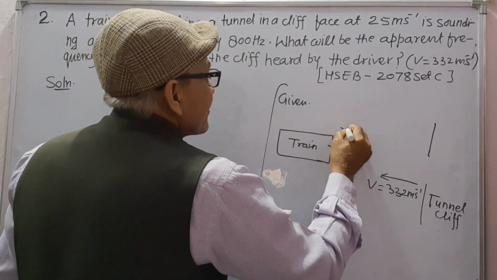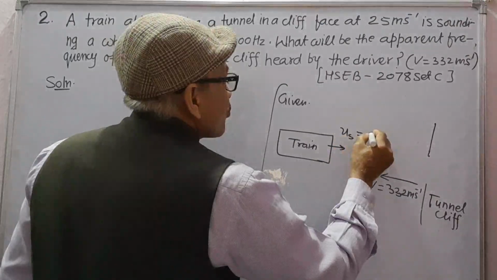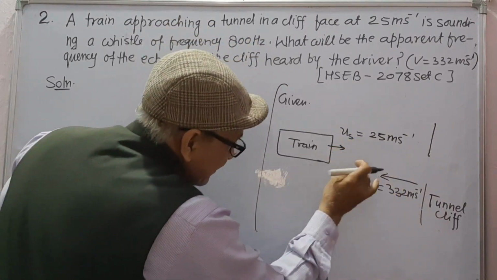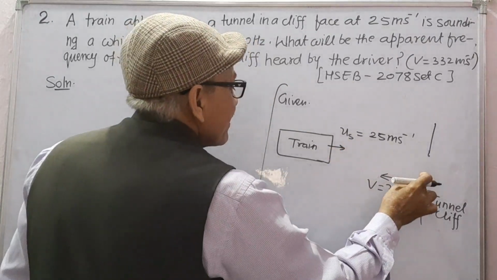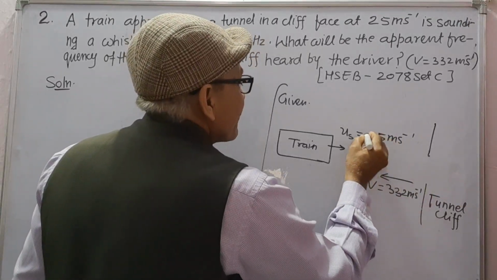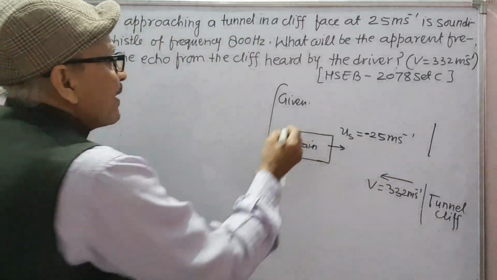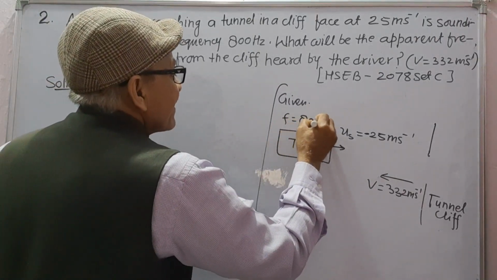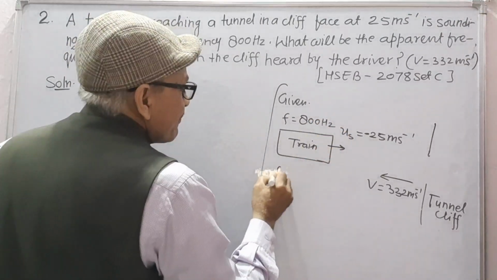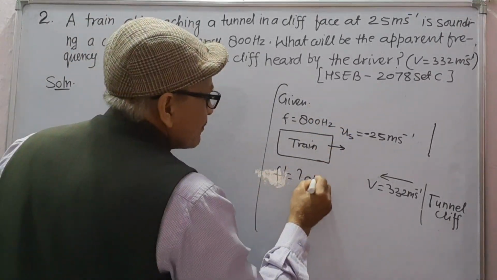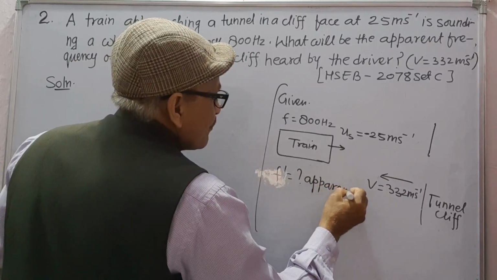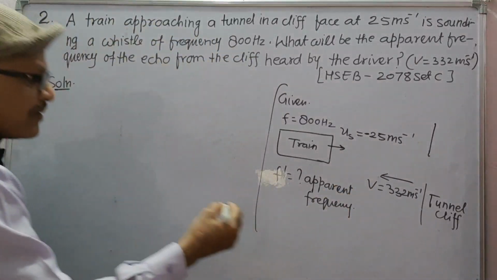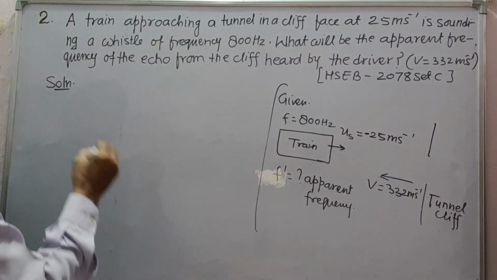Velocity of train is given to be 25 meter per second, because this is moving in the opposite direction with respect to the velocity of sound, therefore its value will be negative. f is the frequency of sound produced by the train, 800 Hz. We have to calculate the apparent frequency of sound from the echo heard by the driver.